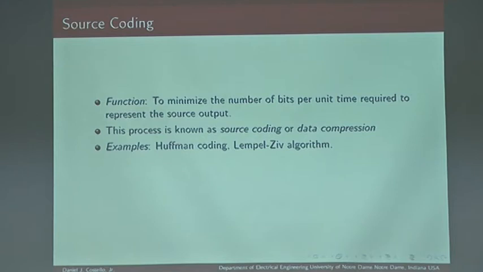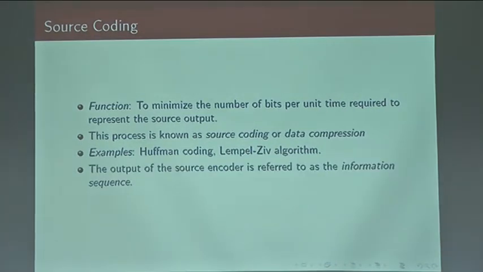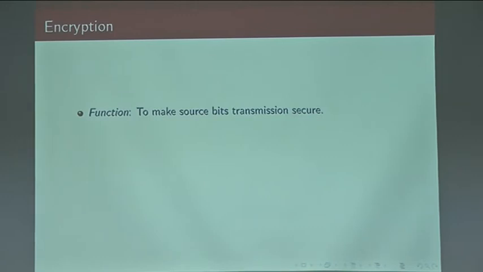If you've studied any of this kind of thing, the Lempel-Ziv algorithm or Huffman coding are two examples of this. Huffman coding when you know the statistics of the source, and the Lempel-Ziv algorithm when you don't know the statistics of the source. And then the output of the source encoder is referred to as the information sequence.